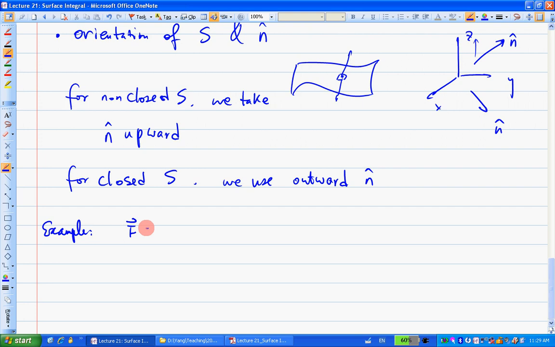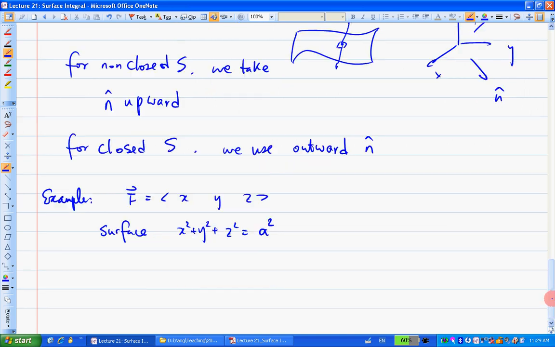We have a vector field F equal to x, y, z, and the surface is a sphere, x squared plus y squared plus z squared equals a squared. Now we are interested in the flux across this surface.